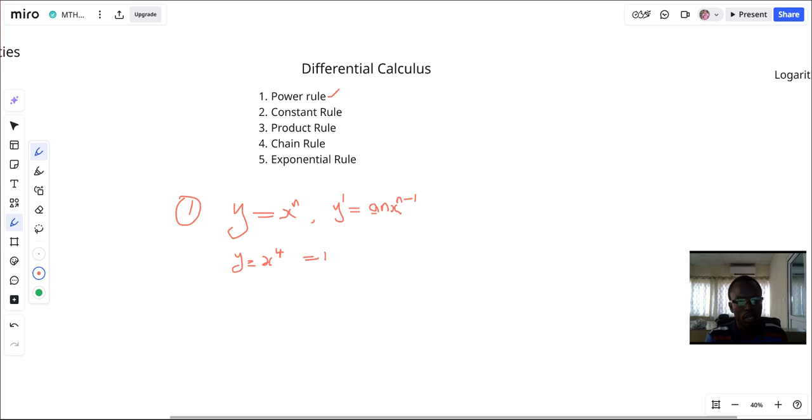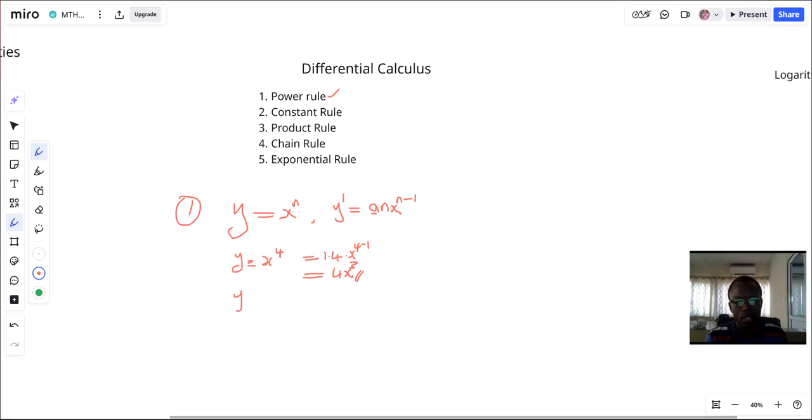So we have 1 times the power 4, times x, the variable we are differentiating, power 4 minus 1. This equals 4x cubed. So if you are asked to differentiate this, you use the power rule and find this.